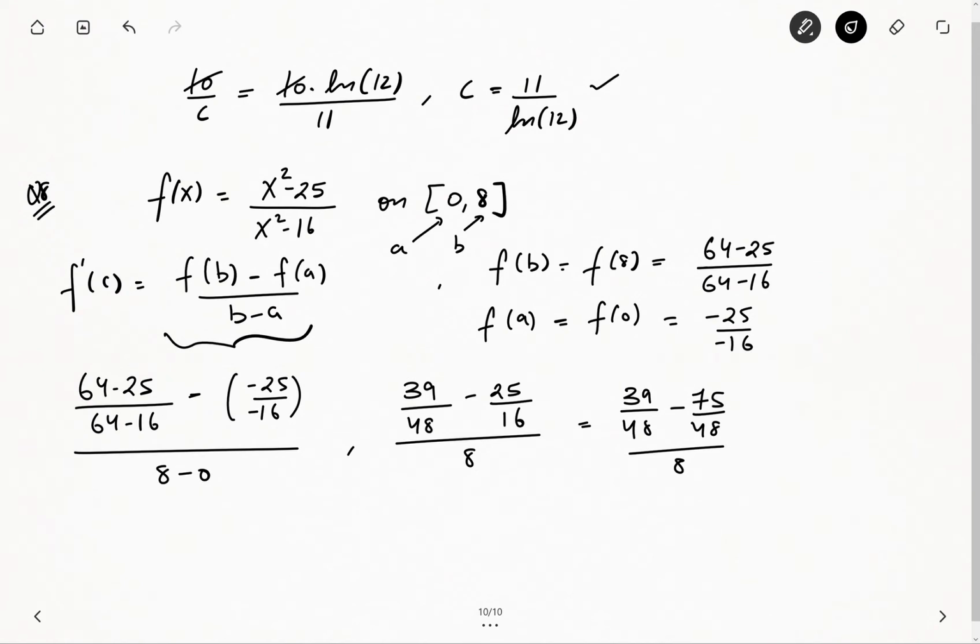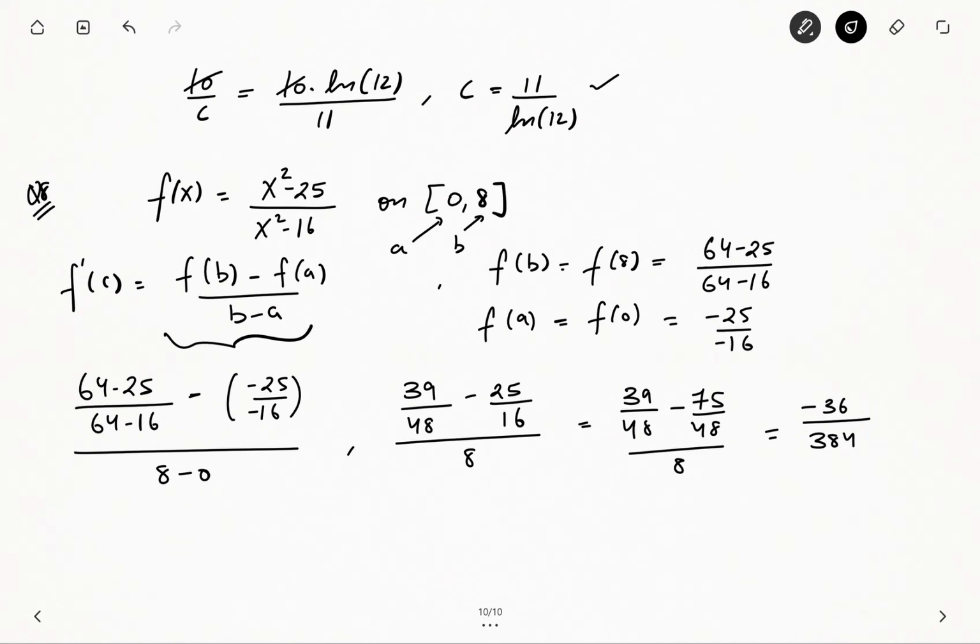Which could be further simplified: 39 minus 75 is negative 36, and everything divided by 48 times 8. Let me just check, 48 times 8 is going to be 384. So we're looking for that value. That's supposed to be the slope of the secant line.